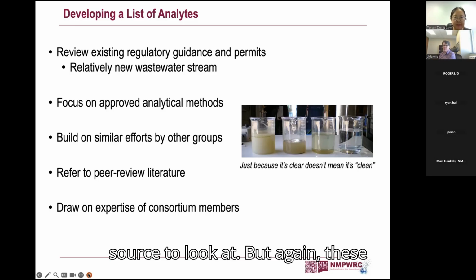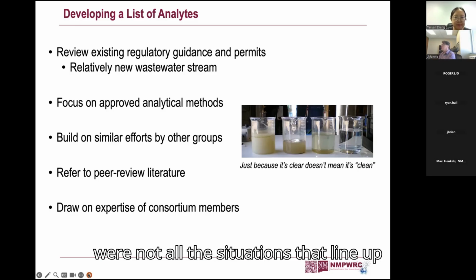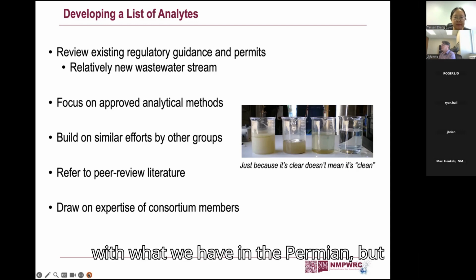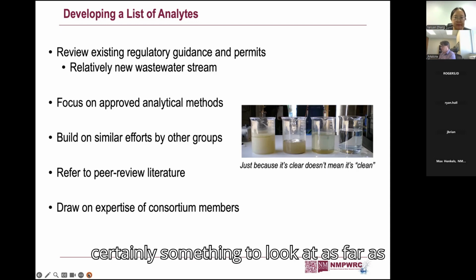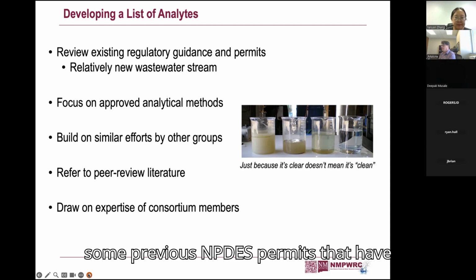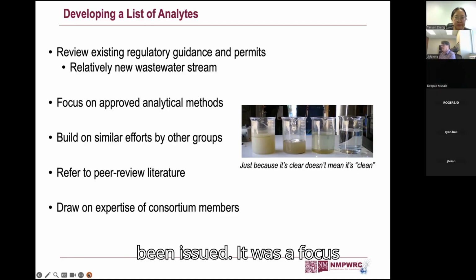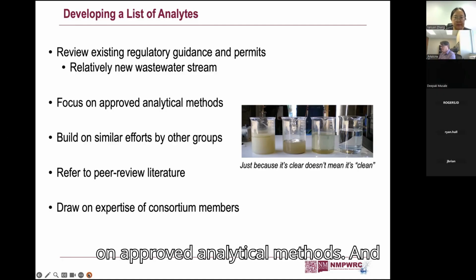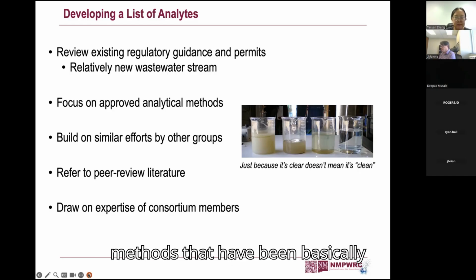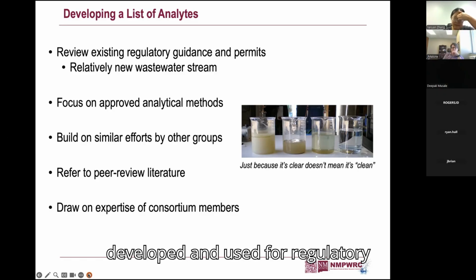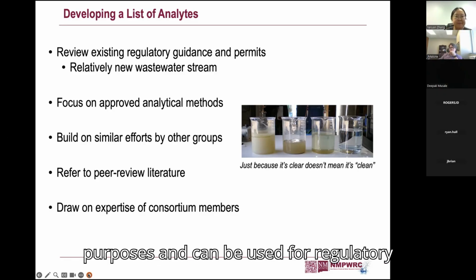But again, these were not all situations that line up with what we have in the Permian, but certainly something to look at as far as some previous NPDES permits that had been issued. There was a focus on approved analytical methods, which are methods that have been developed and can be used for regulatory purposes.